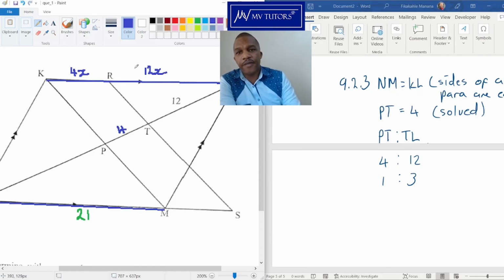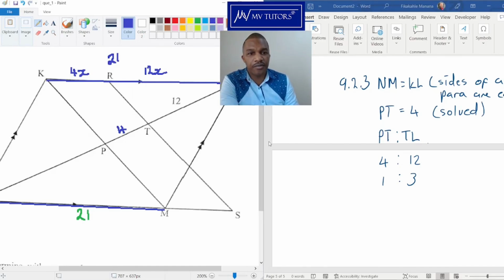Right, now if I know that this whole unit, KL, is 21 units, and I want RL, I'm gonna use those ratios to solve for RL. But let's start here first. Watch this carefully.